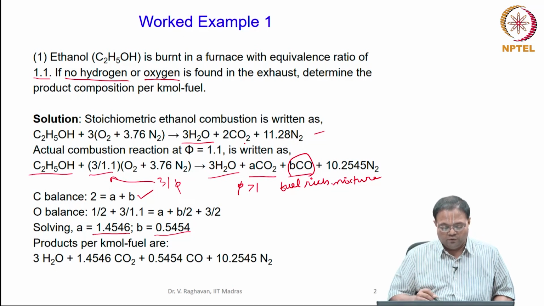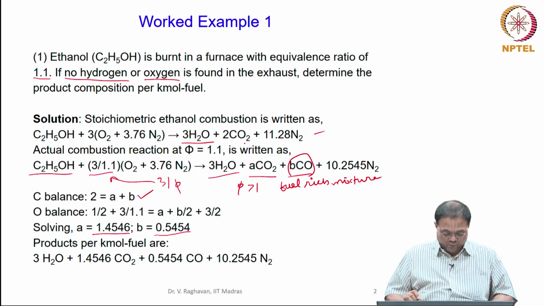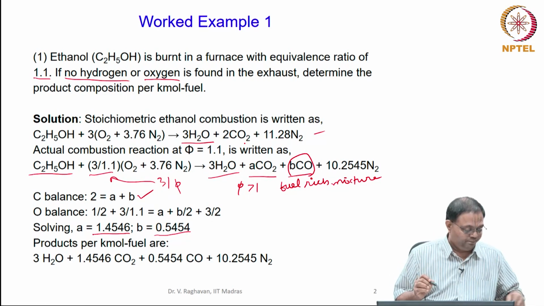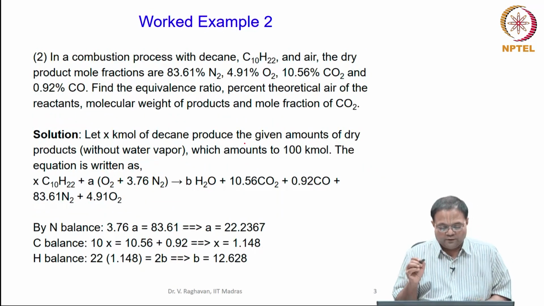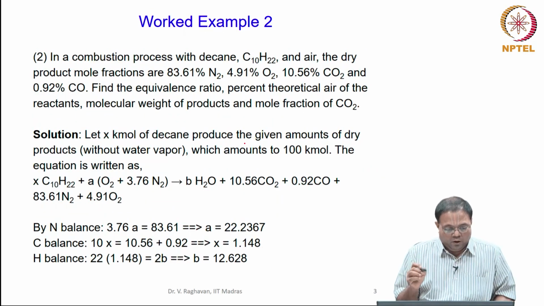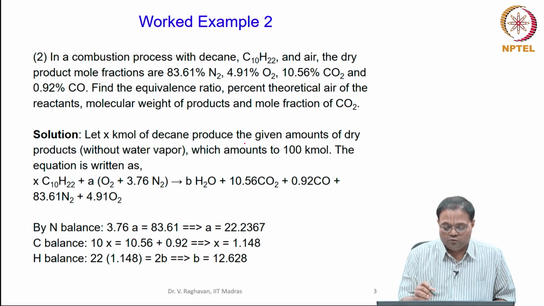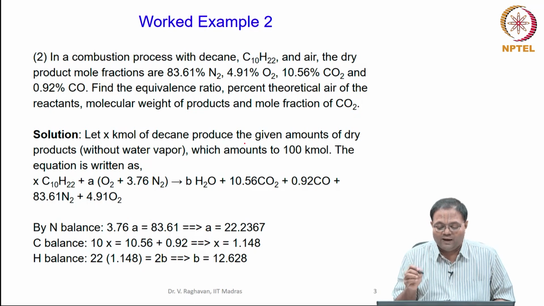So, this is the problem where you do the stoichiometric analysis of a rich mixture of ethanol and air. The second problem: in a combustion process with decane, a straight chain alkane C10H22, CnH2n+2, with air as the oxidizer, when it is burnt, the products are analyzed using a volumetric analyzer.